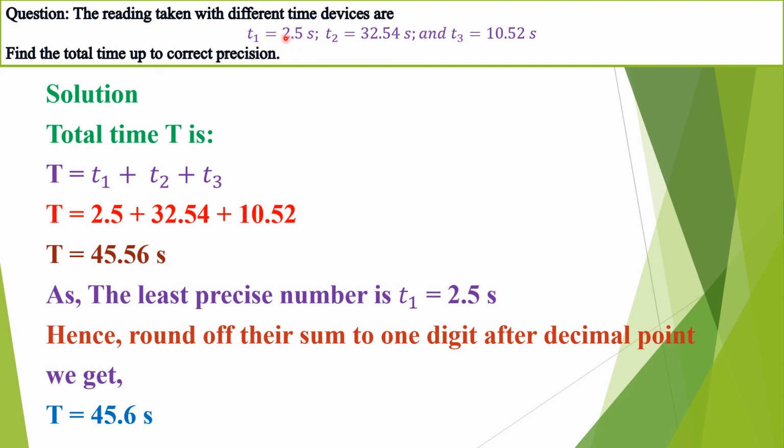We just applied that rule of significant figures here. In our measured values, the term with the least number of decimal places is 2.5 seconds, T1. So our answer T equals 45.56 seconds is rounded off to one digit after the decimal point, and we get T equals 45.6 seconds.